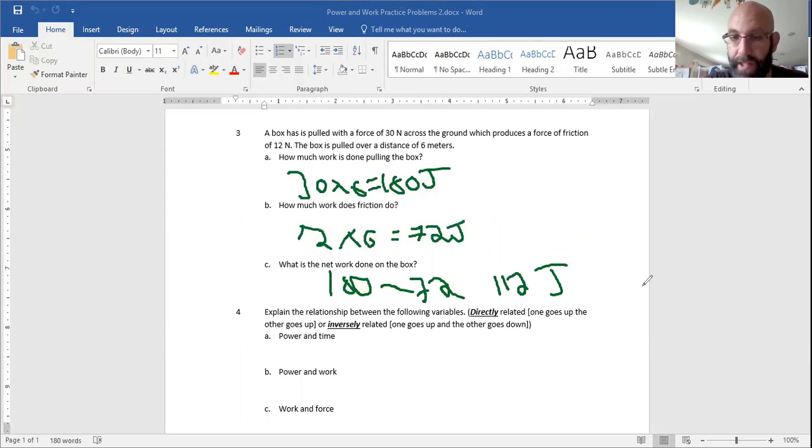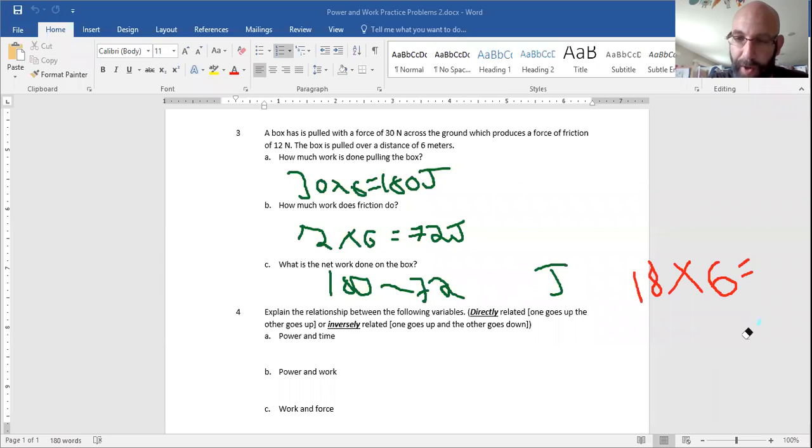You could do 30 minus 12, that's 18, and you still pulled this for a distance of 6 meters. Oh, and my earlier answer is wrong. I don't know how to do mental math in my head. Let's try this again.